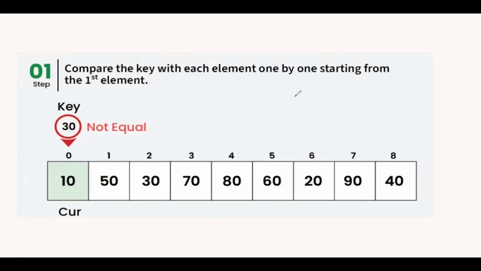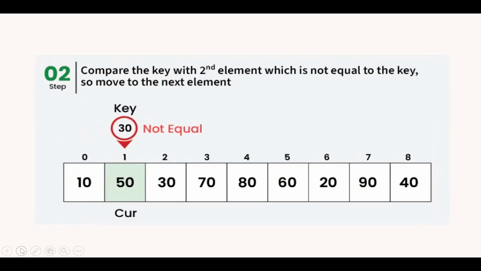This particular picture I've taken from the Geeks website. As you can see, this is the given data set where I have 10, 50, 30, 70, 80, 60, 20, 90, and 40. The key element, or the search element, is 30. I will start from the very first element. I'm comparing 30 and 10, and it is not equal. So I need to move to the next value. I move to 50 and compare whether 30 and 50 are equal.